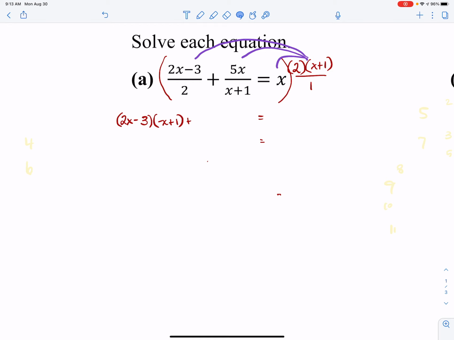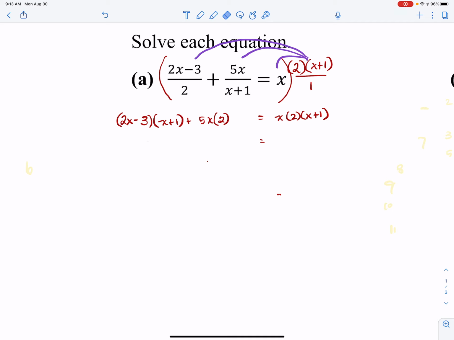When I multiply by the second term, the x plus 1s cancel each other out, so the only thing left is a 5x and a 2. And then when I multiply by the final term on the right-hand side, nothing cancels out, so I'm left with an x, a 2, and an x plus 1.